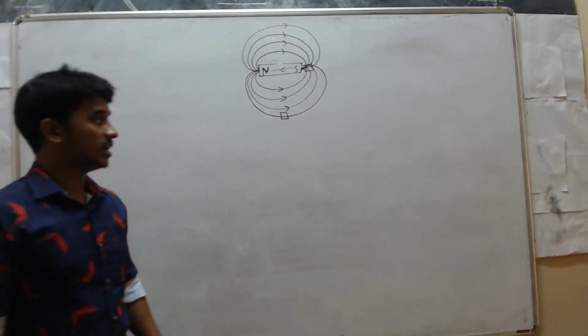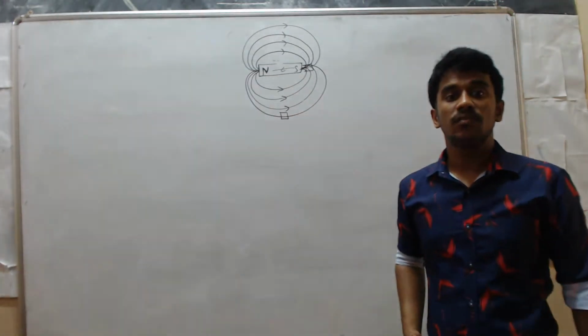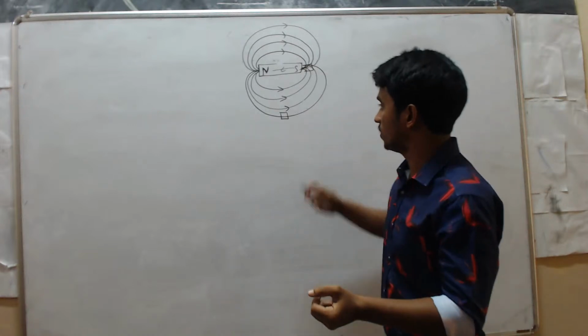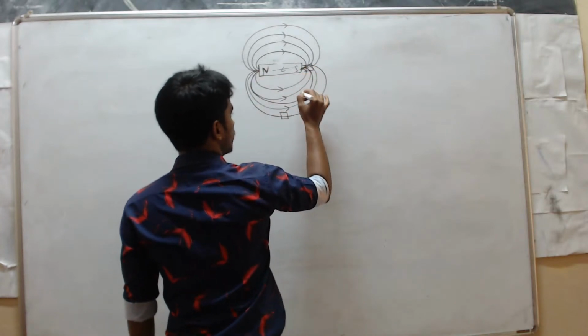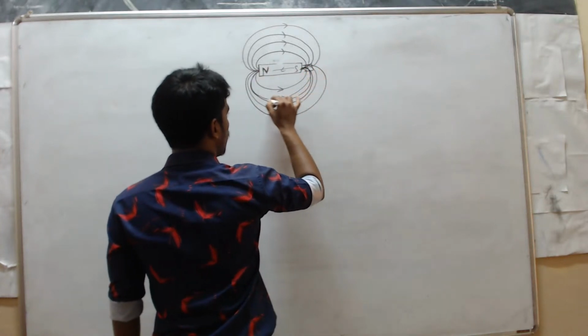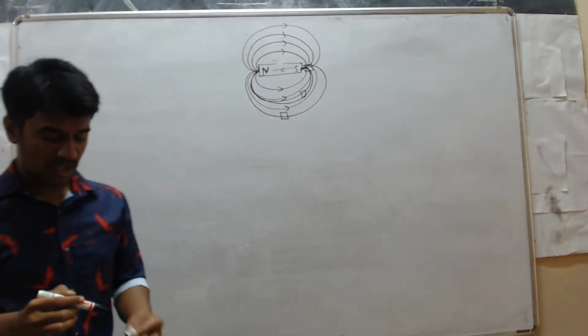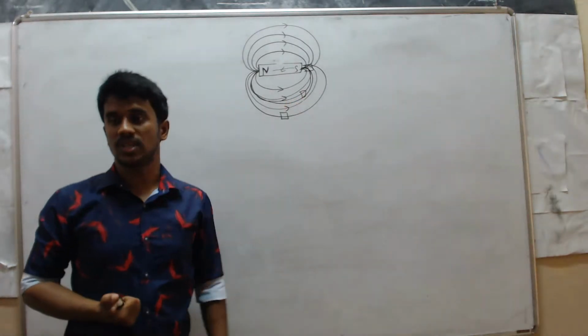So the strength of that magnet depends on the magnetic field lines. Suppose I consider one point here where more number of magnetic field lines are there, then I can say that the magnetic field strength is more.